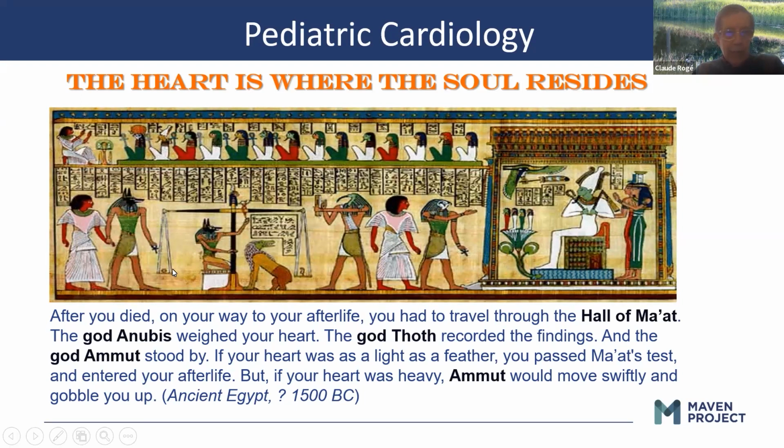However, if it is heavier than a feather, there is another god here, Ammit. It looks horrible, but he's ready to eat you up. So that's what they believed in Egypt, that the heart is really the organ where the soul resides.